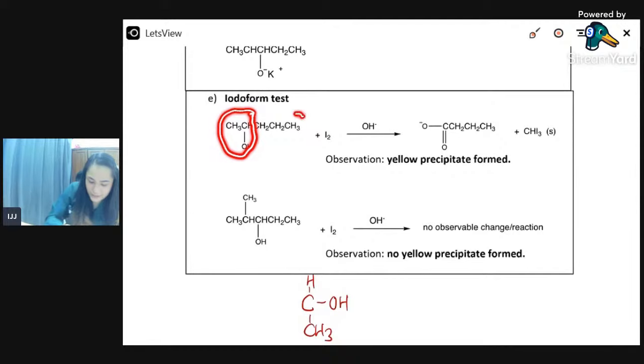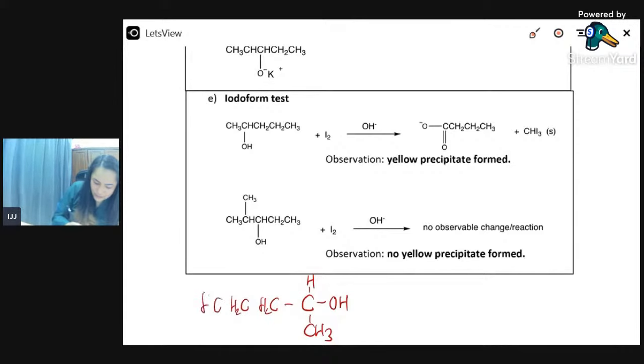Jadi yang the fourth bond ialah ni kan. This is the fourth bond, right? So the fourth bond you lukis lah. Ni nah. This is the fourth bond. Yang can be anything. So kamu lukis, okay. CH2, CH2, CH3. And then you react with iodine in the presence of NaOH.